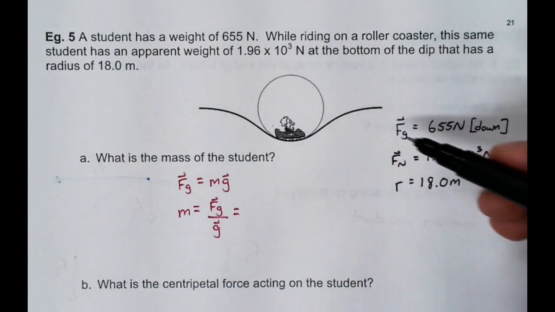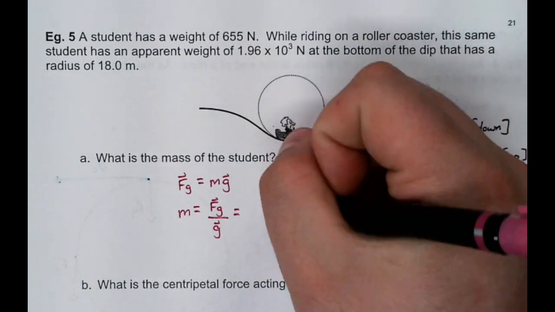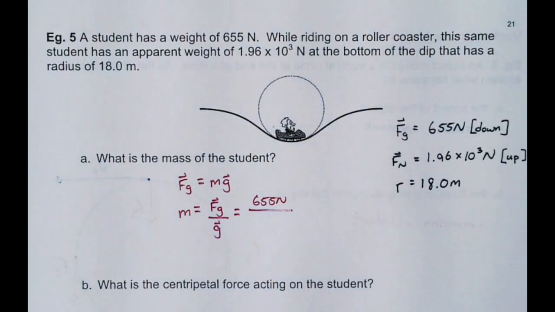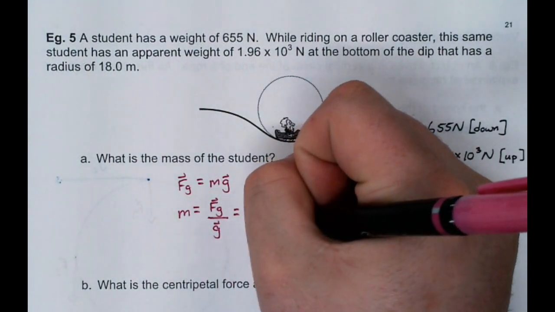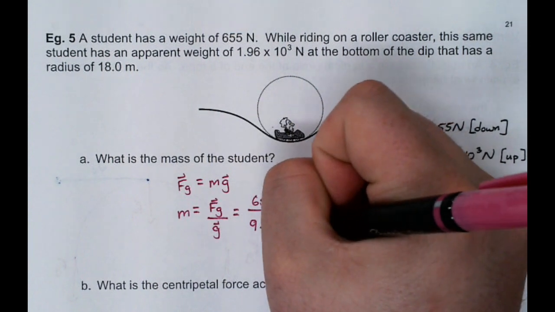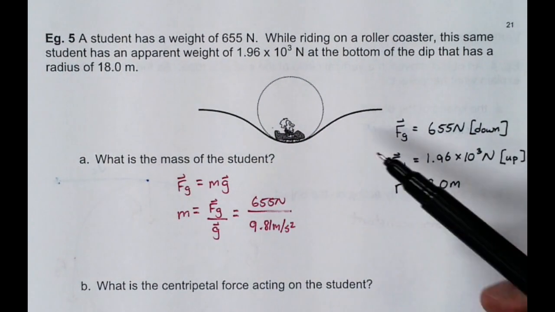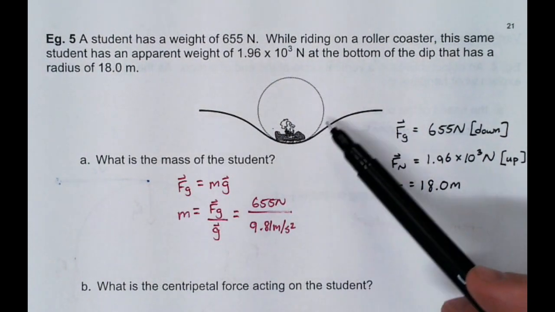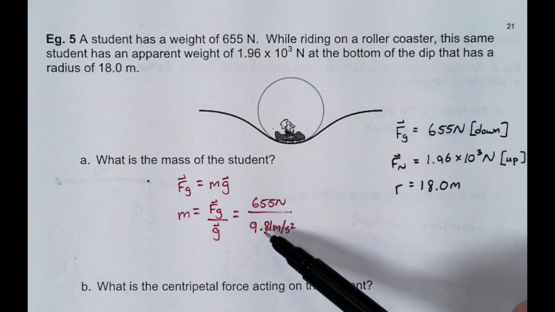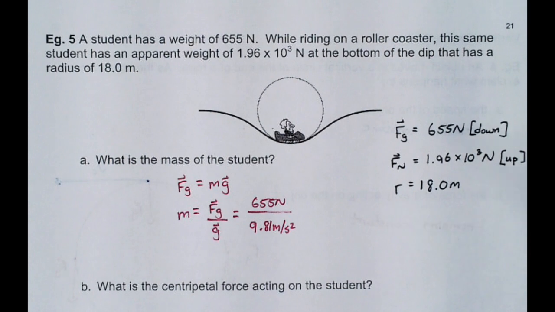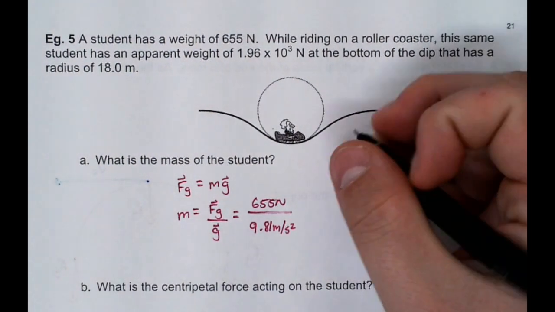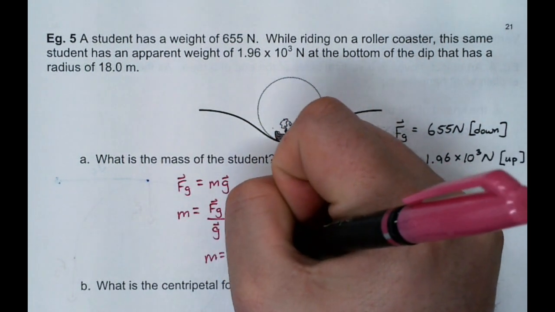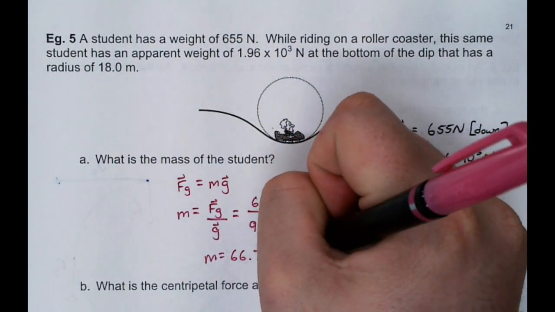We found in the question that the force due to gravity is 655 newtons, and the acceleration due to gravity is 9.81 meters per second squared. Even if this roller coaster is not on the surface of the Earth, it is close enough that we can still consider it 9.81 meters per second squared. So we are going to have a mass of 66.77 kilograms.